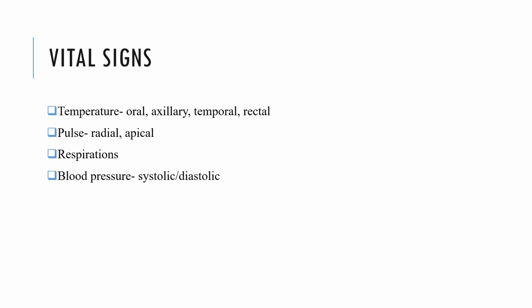So your pulse can either be radial, or we might assess apical pulse if that pulse is irregular, your respirations, and then the blood pressure. So in the hospital setting, you would also add oxygen saturation as part of your vital signs. But for Weber and Kelly, we will focus on these 4 things here.